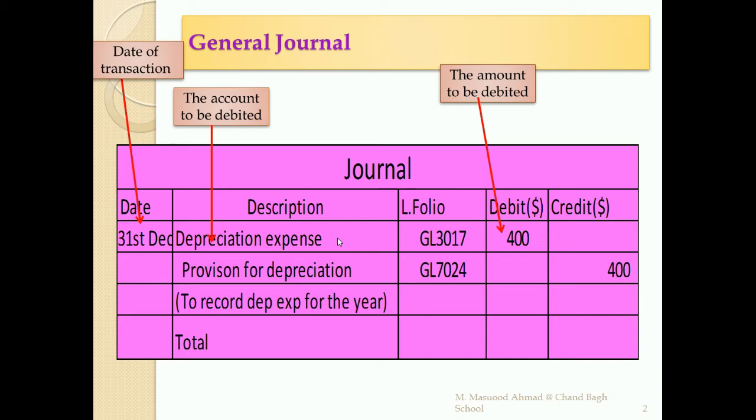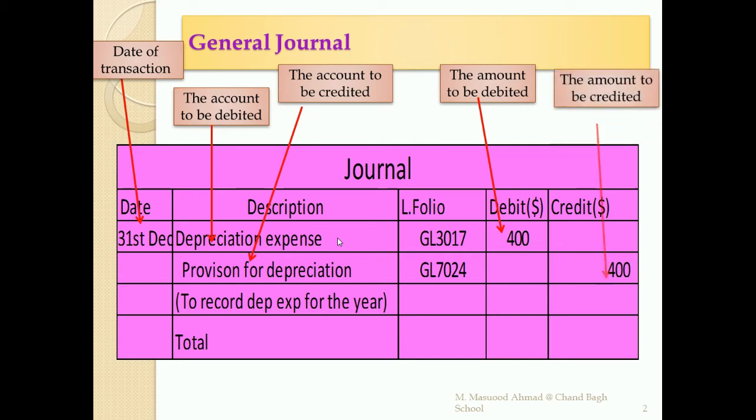In the same way, as you know, debit is always equal to credit. Let's see the credit entry here: the account to be credited is provision for depreciation, and the amount in front of provision for depreciation is written 400. So in this journal we can see the accounting entry for recording the depreciation expense for the year: depreciation expense will be debited by 400 and provision for depreciation will be credited by 400.